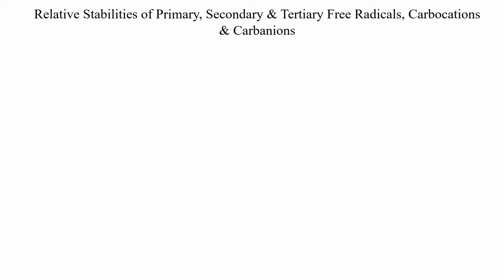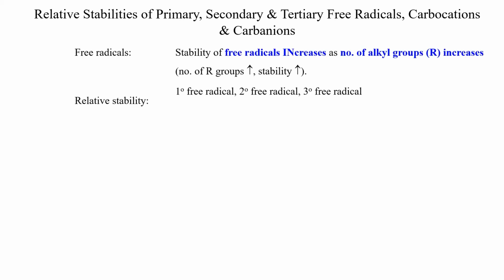Now, we are going to compare the stabilities of primary, secondary, and tertiary free radicals, carbocations, and carbanions. For free radicals, the stability increases as the number of alkyl groups increases, meaning that as the number of alkyl groups present in the free radicals increases, it will increase the stability of the free radicals.